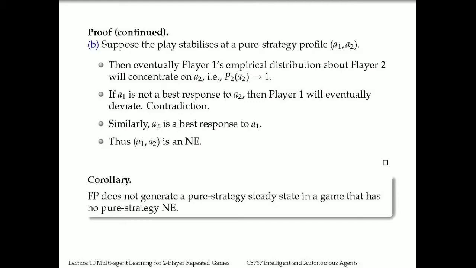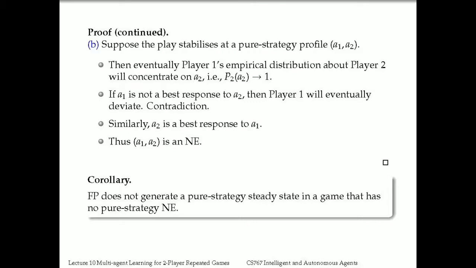If they have a strict Nash equilibrium in the stage game, then that will be the steady state of fictitious play in the repeated game. And for the reverse direction, we assume that we get a steady state of the repeated game, and then we want to conclude that the steady state, which is a pair of actions, will actually be a Nash equilibrium in the stage game.